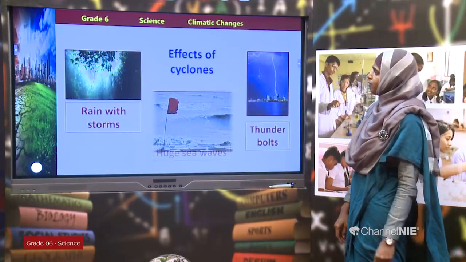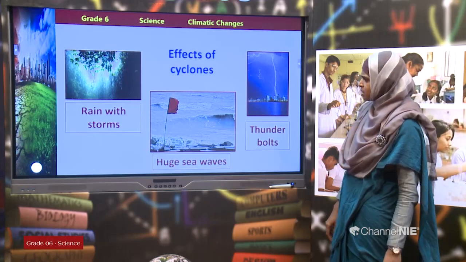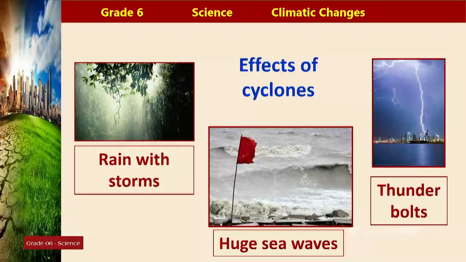Let's see what the effects of cyclones are. Yes, children. Yes, rain with storms as we saw in the video. Heavy showers can be expected with storms. Wherever the area, it might extend up to 100 or 200 kilometers. Right? Heavy showers can be experienced in such regions. Even huge sea waves.